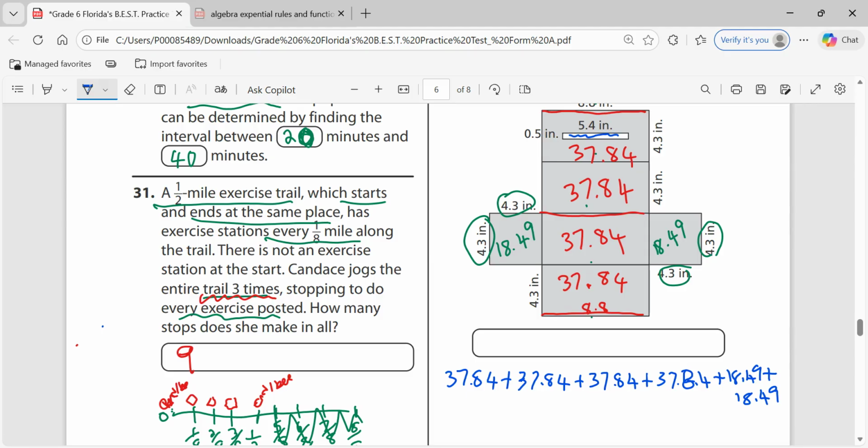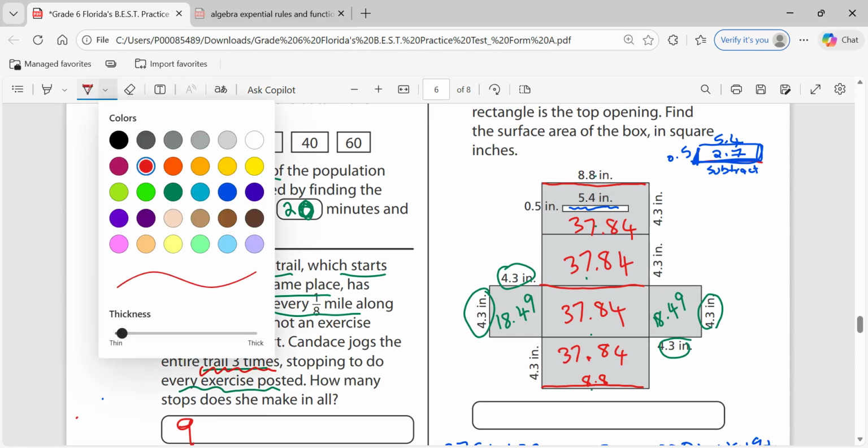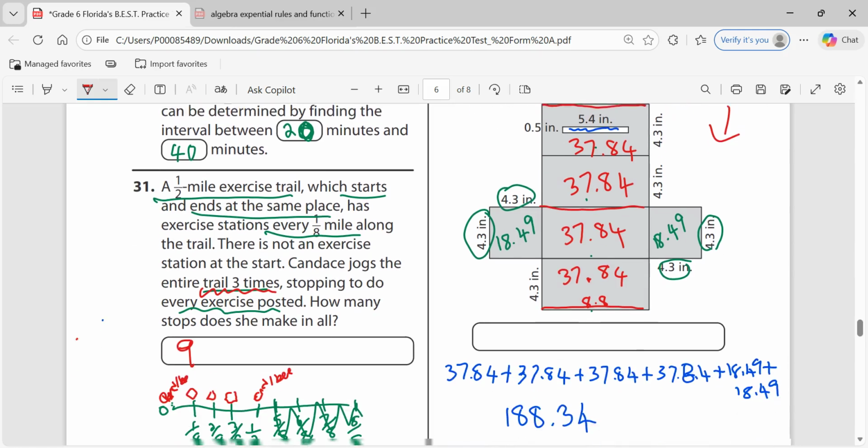All right, so when I add my 37s and all of that, I'm going to get 188.34. Now be careful because that's not my answer. I still have to subtract out the little hole in the top, right? So this hole has to be subtracted.